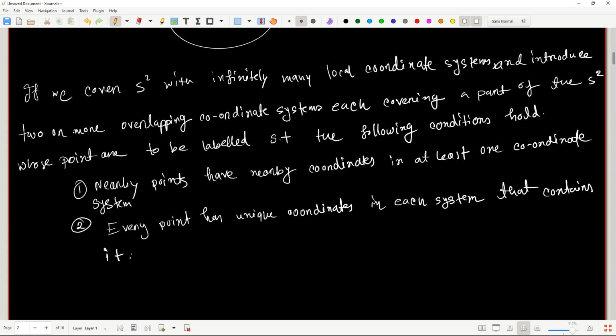Okay, and we need one last, or so to say an extra, condition on this coordinate system, and that condition is that if two coordinate systems overlap, that means their intersection is not null, they are related to each other in a sufficiently smooth way.